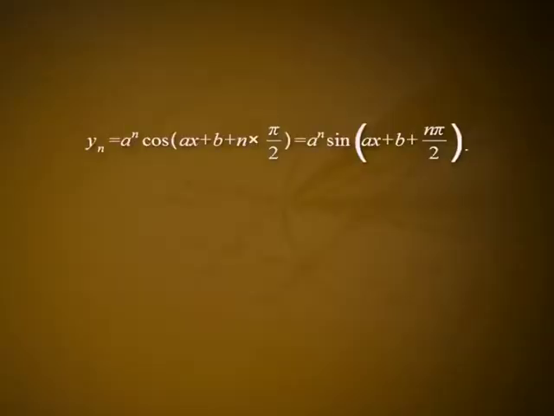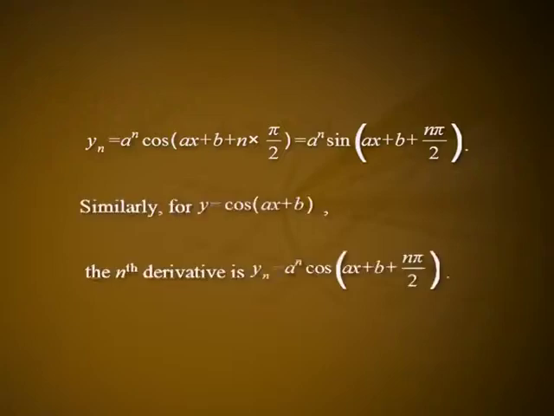Proceeding like this, we have yn is equal to a raised to n into cos ax plus b plus n into pi by 2, which is equal to a raised to n into sin ax plus b plus n pi by 2. Similarly, for y is equal to cos ax plus b, the nth derivative is yn is equal to a raised to n into cos ax plus b plus n pi by 2.